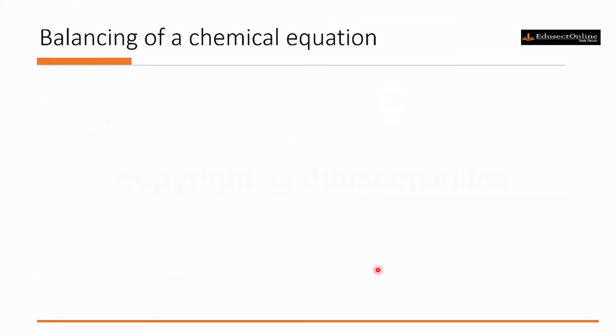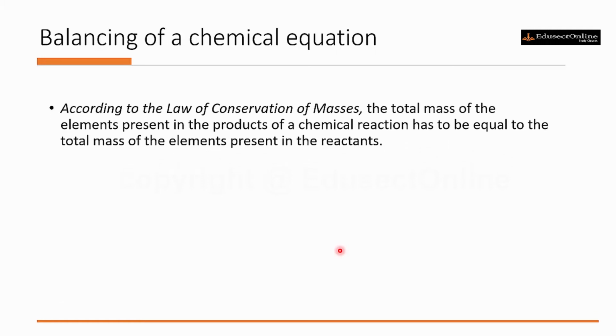Next, balancing of a chemical equation. So we know what a chemical equation is. Next we have to study balancing of a chemical equation. What is the need of balancing a chemical equation? We know the law of conservation of mass. What is it? Mass can neither be created nor be destroyed during a chemical reaction.